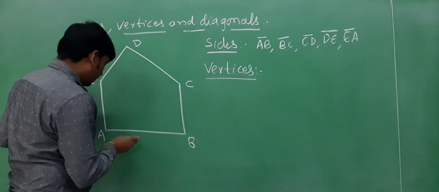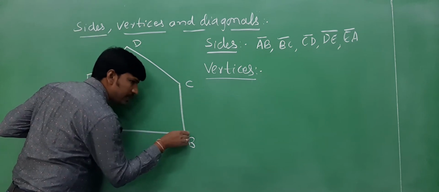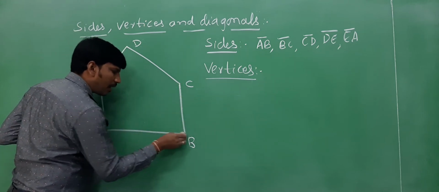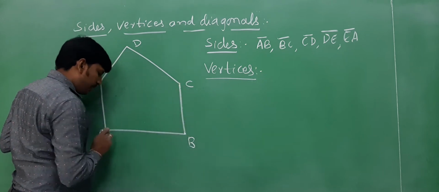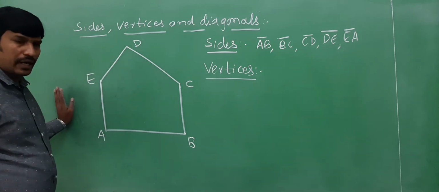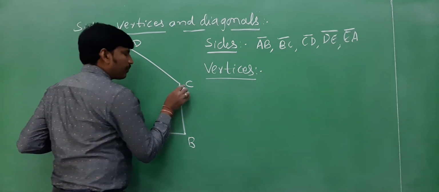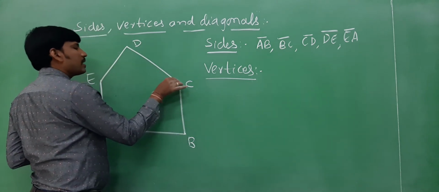See this here, children. AB is a line segment. BC is one more line segment. These 2 sides are meeting at one point. So B is the common point of AB and BC. Like that, C is also a common point of BC and CD.